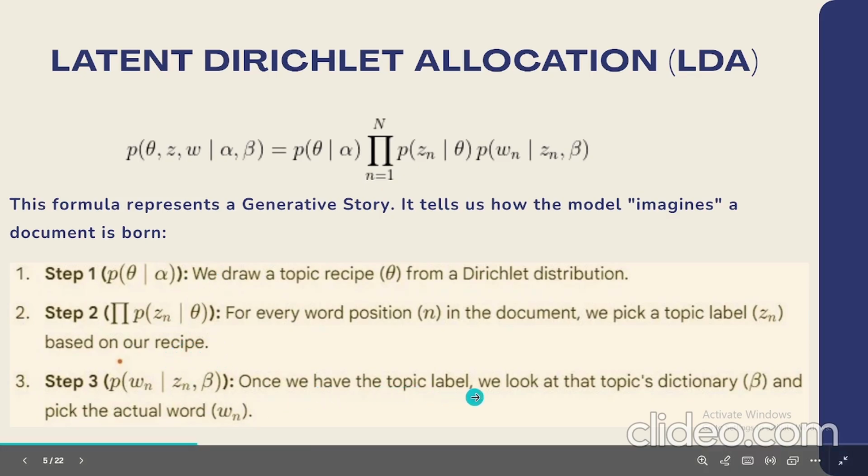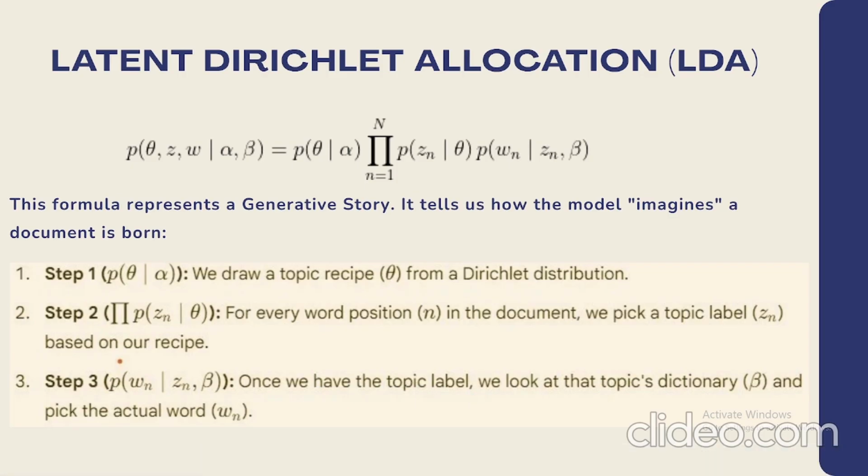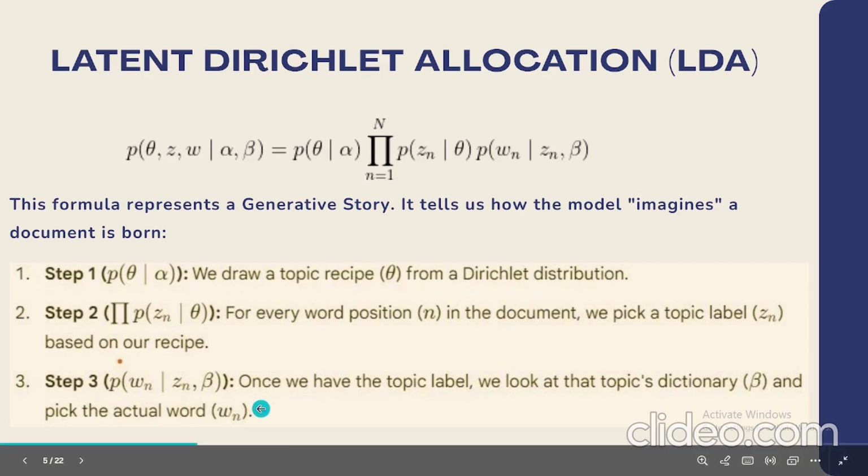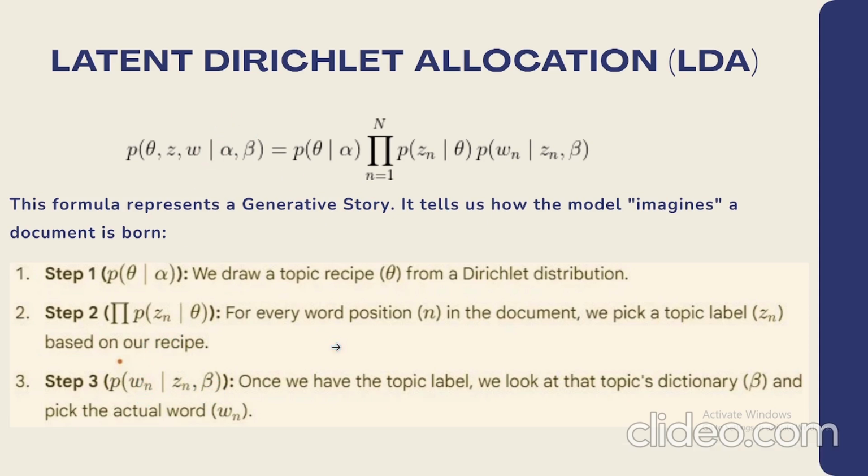Once we have the topic label, we look at the topic's dictionary, which is our beta. So we have Zn and beta, and using Zn and beta we pick the actual word, which is Wn. So this is about latent Dirichlet allocation, LDA.